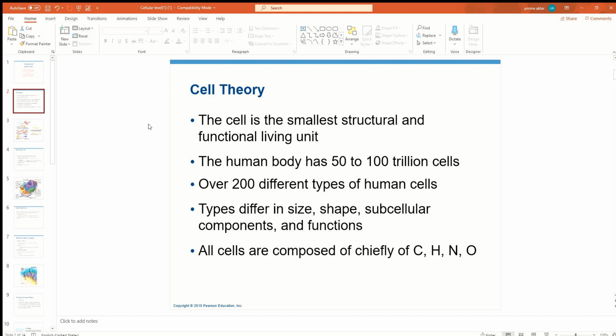However, one thing is common: all cells are composed of mainly four elements: carbon, hydrogen, nitrogen, oxygen, CHON or CHNO, which form most part of a cell.